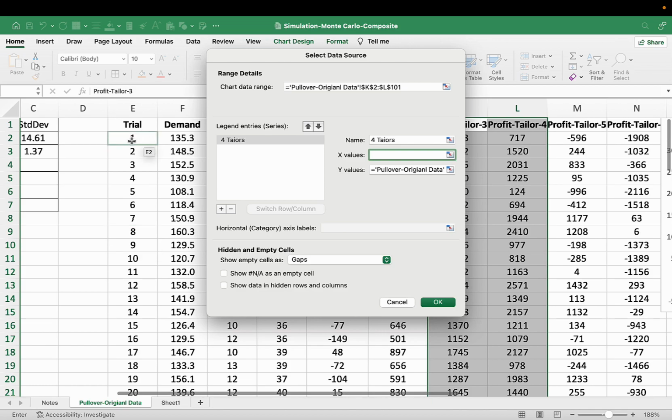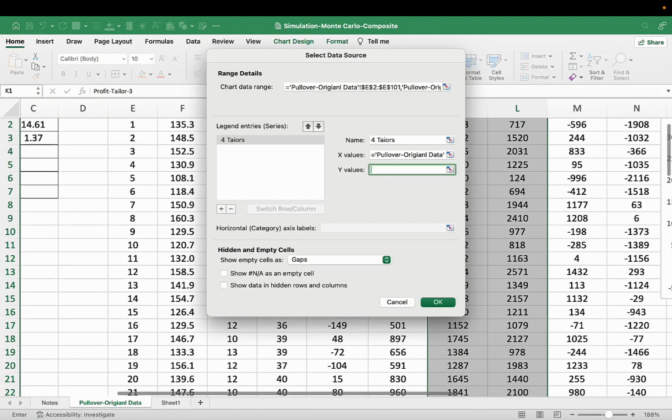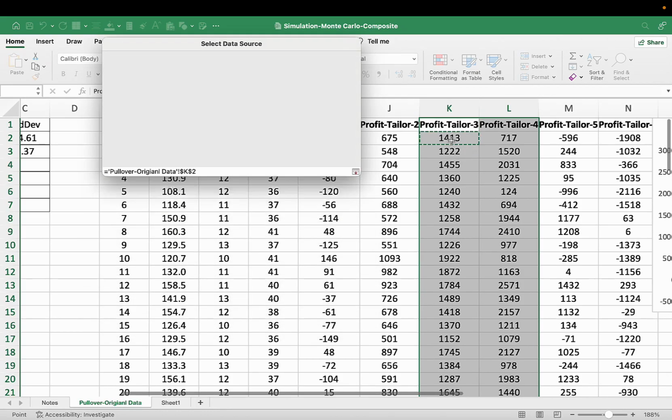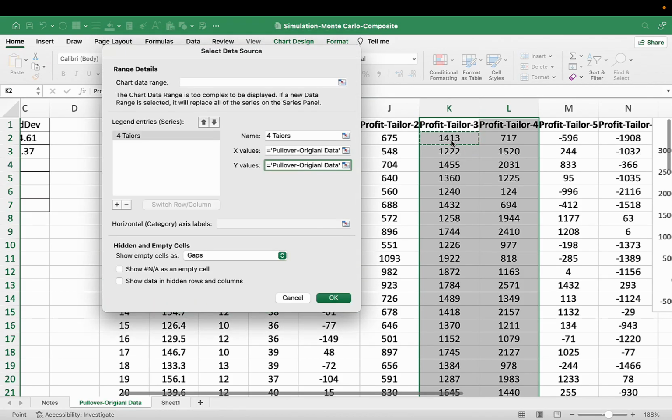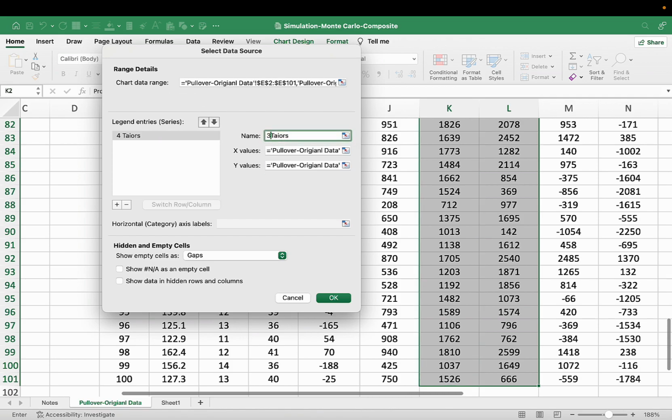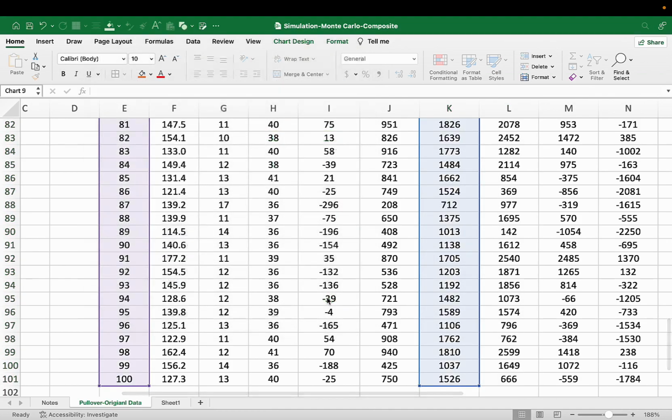That's the trial. So I want it to be the x axis, and then in y I want to use data for Taylor 3 from here. I will select this whole column, and you can press Ctrl Shift and down arrow, and the whole column will be selected. Because I'm using 3, I'll use here 3 tailors, and I will click OK.